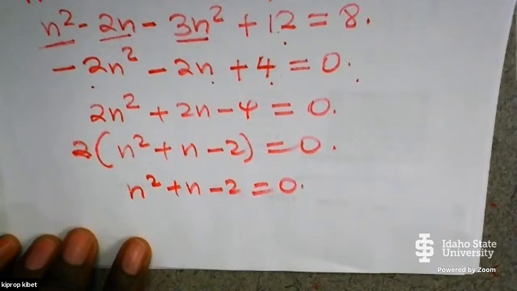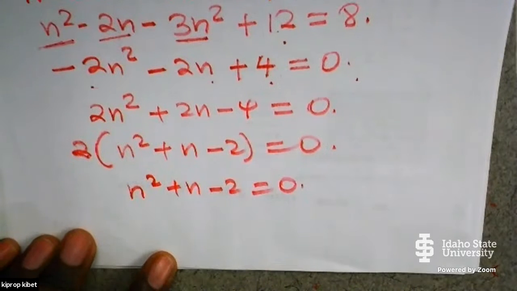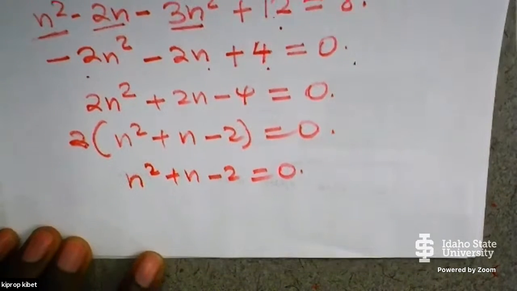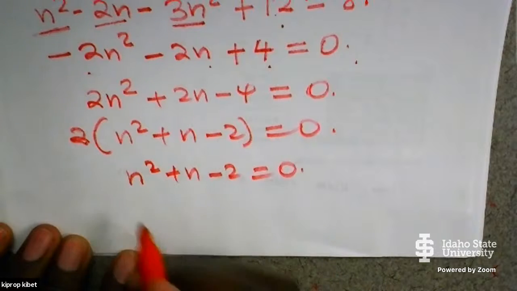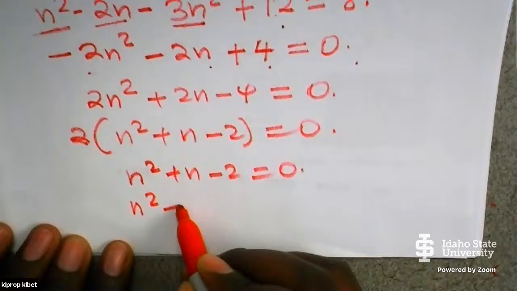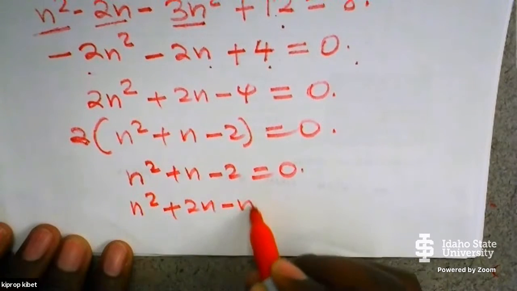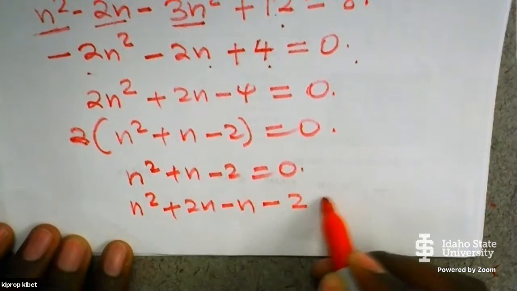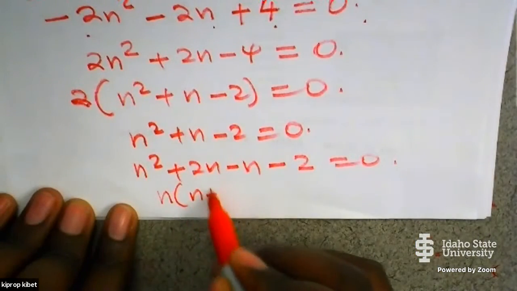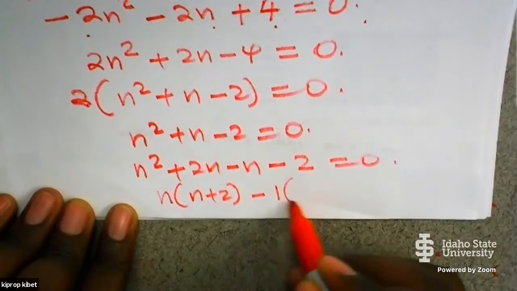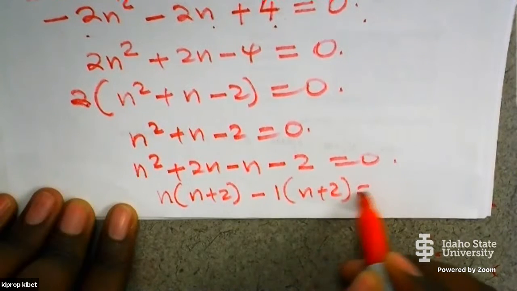When you divide everywhere by 2, you remain with n squared plus n minus 2 equals to 0. So we have the product as minus 2 and the sum is 1. So what are the two numbers? 2 and minus 1, right? So n squared plus 2n minus n minus 2 equals to 0. So n(n plus 2) minus 1(n plus 2) equals to 0.